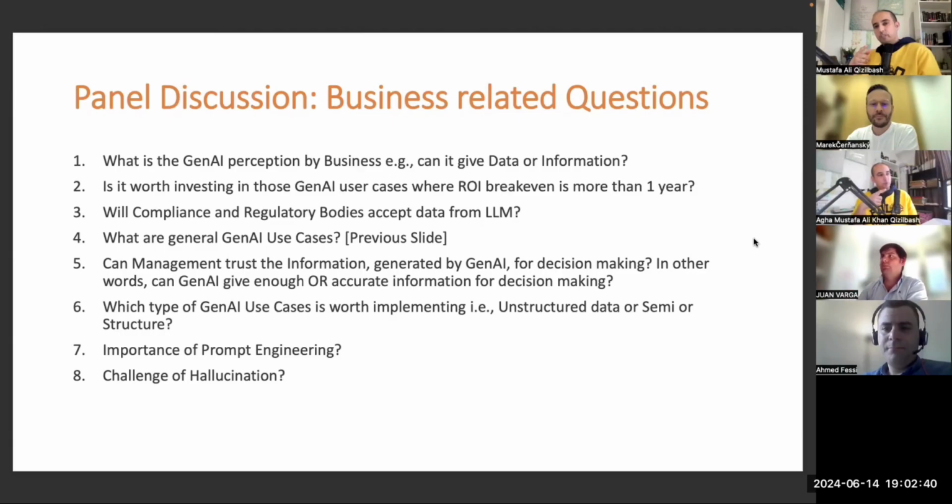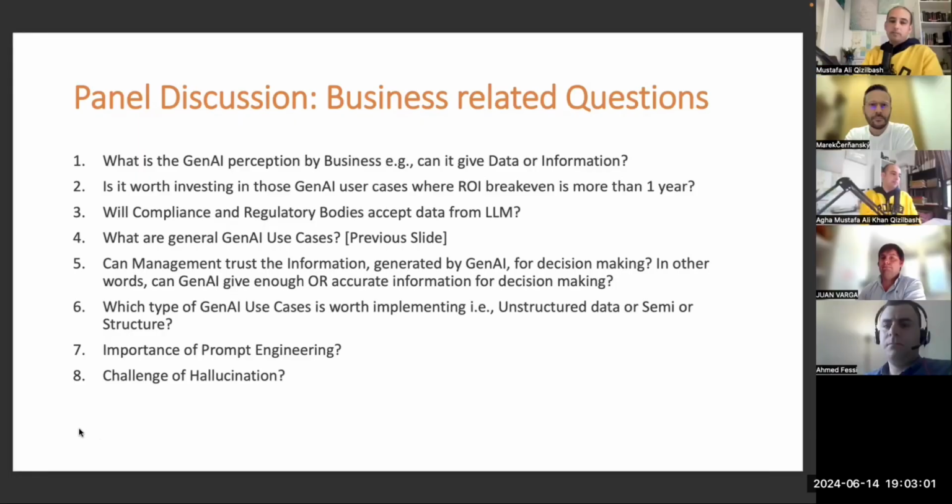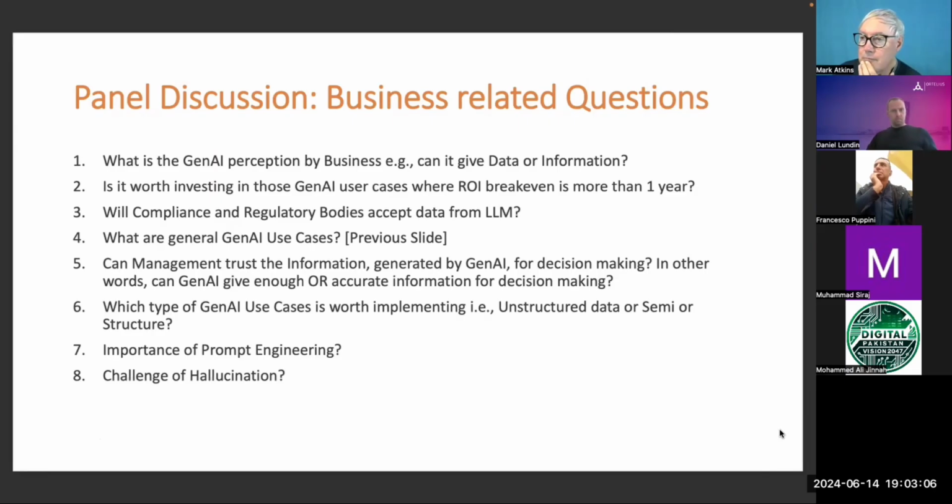Before I jump on to question number 2, which I'll definitely come to Ahmed, question number 3 is also very important. Regulatory bodies and compliance and all those things are looking toward accepting data which is coming from this point of view, right? So maybe I'll pull in Daniel on it, because Daniel has been working on metadata.